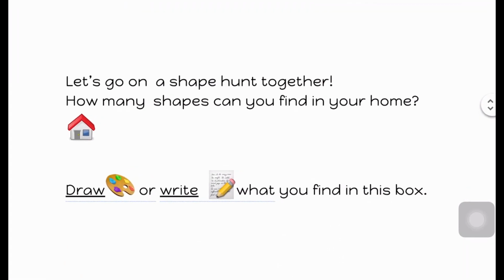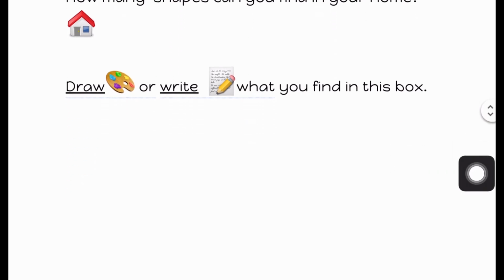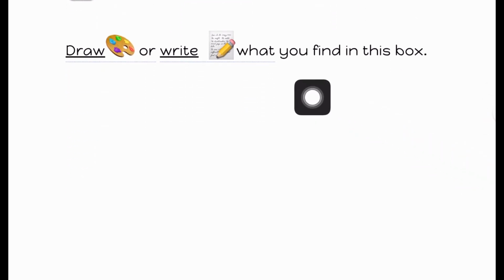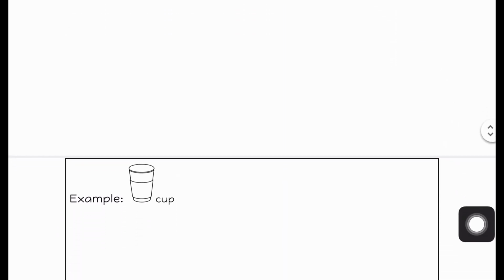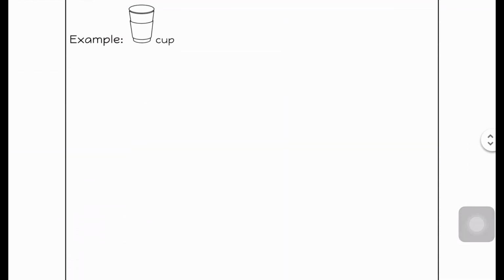So this is going to be your activity. Let's go on a shape hunt. Shape hunt together. How many shapes can you find in your home? I want you to draw or write what you find in this box. So what are the different shapes you found in your house? What shape is this? So let's say there's a shape that you found, the phone.